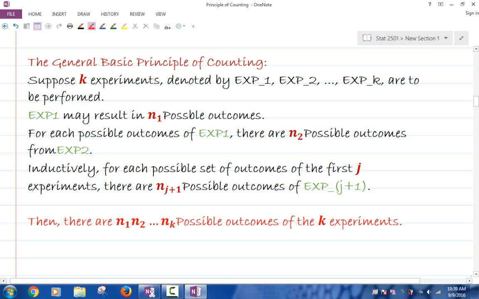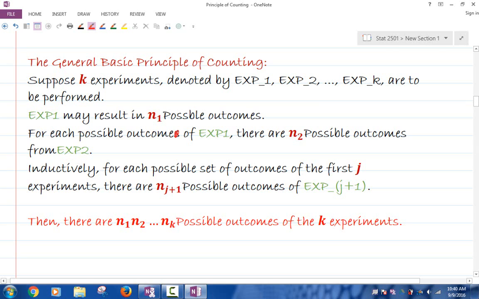Assume that exp1 may result in n1 possible outcomes, and for each possible outcome of experiment 1, there are n2 possible outcomes from experiment 2.